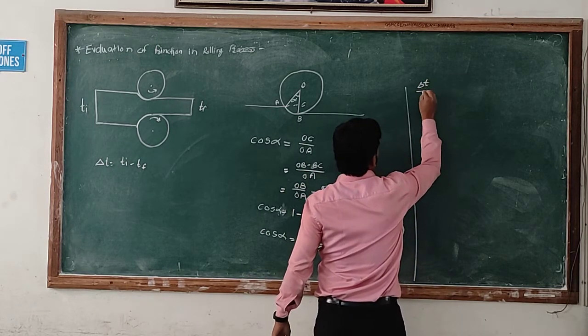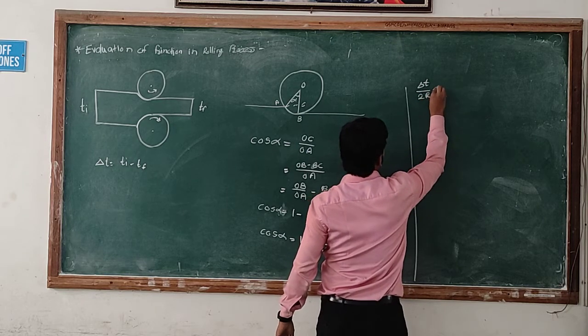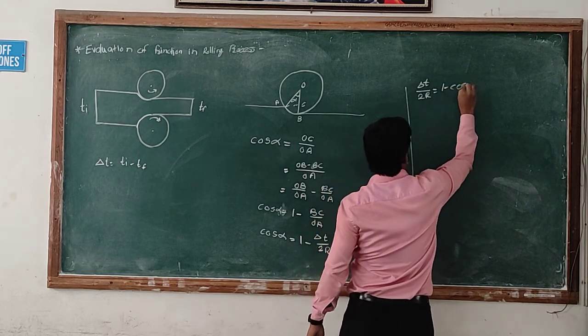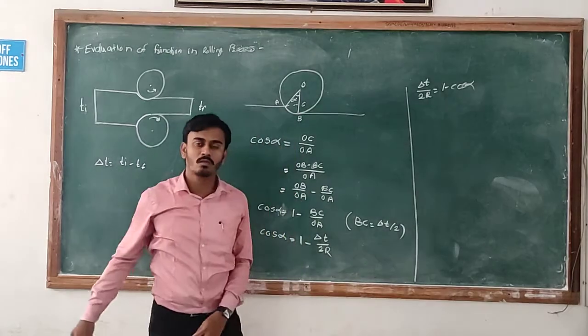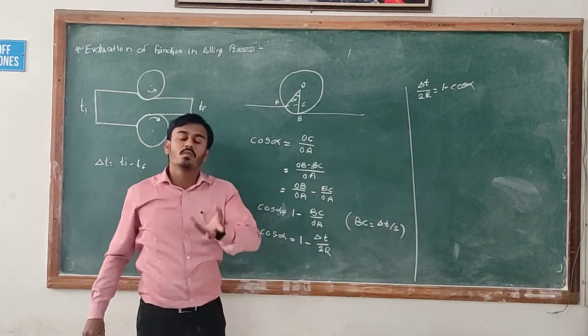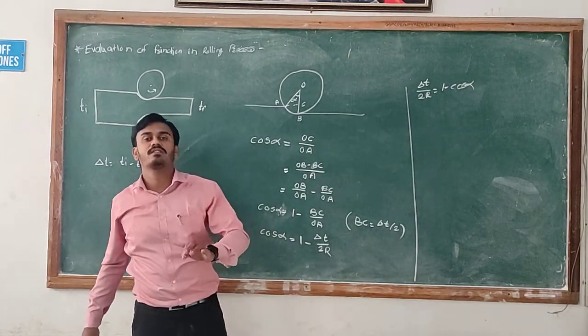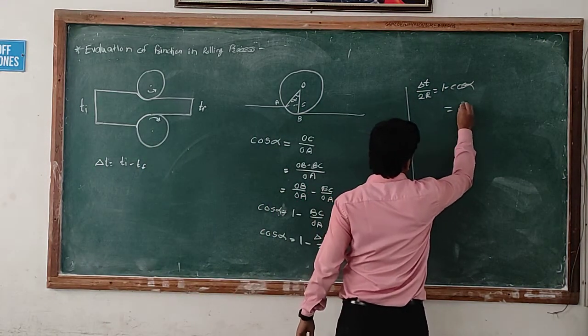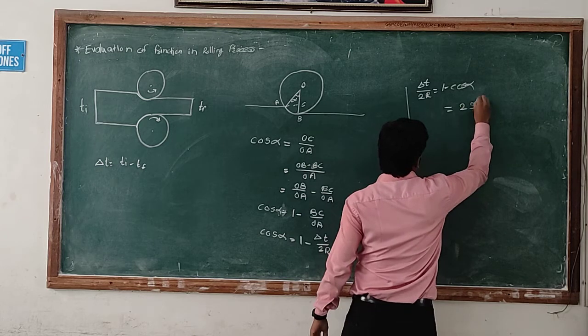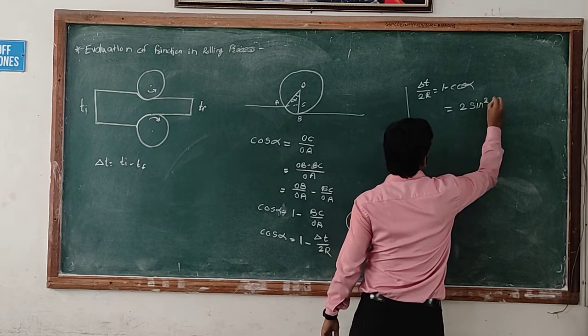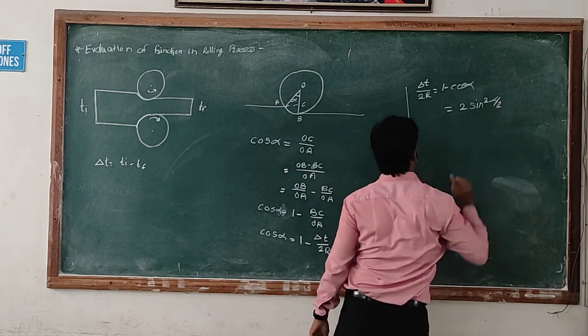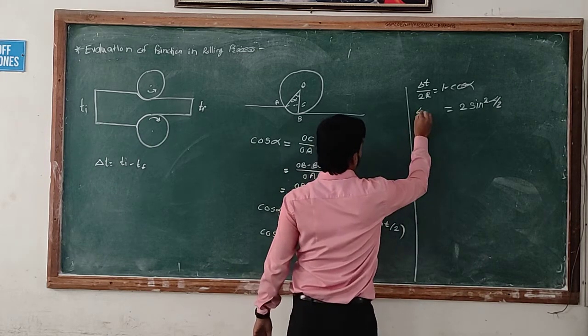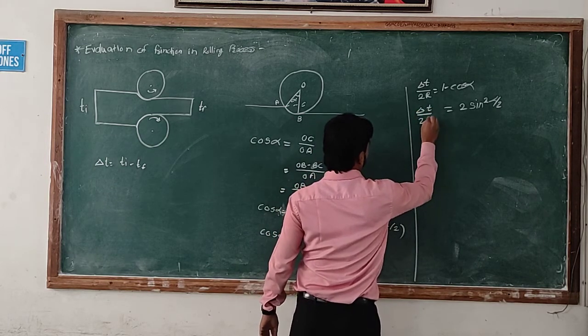Delta t upon 2r is equal to 1 minus cos of alpha. We know that 1 minus cos of alpha is equal to 2 into sine square of alpha by 2. This is equal to delta t upon 2r.